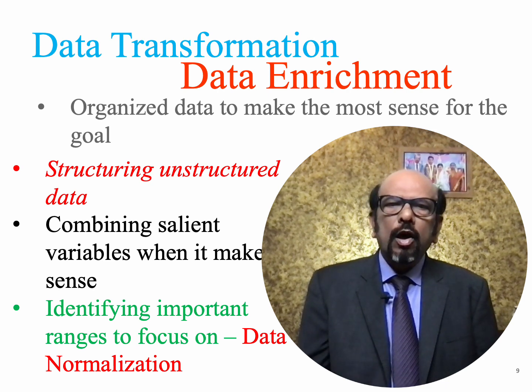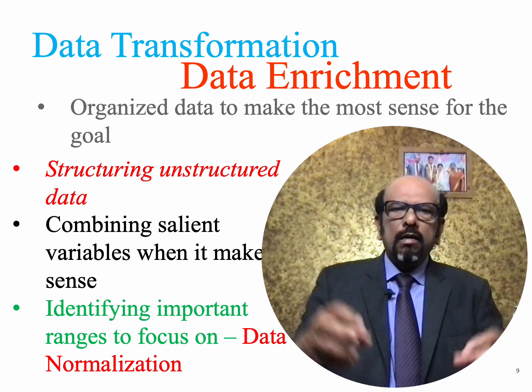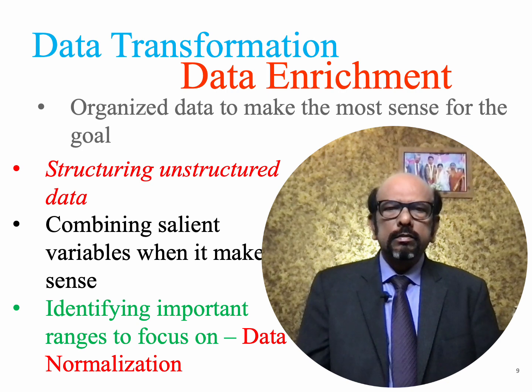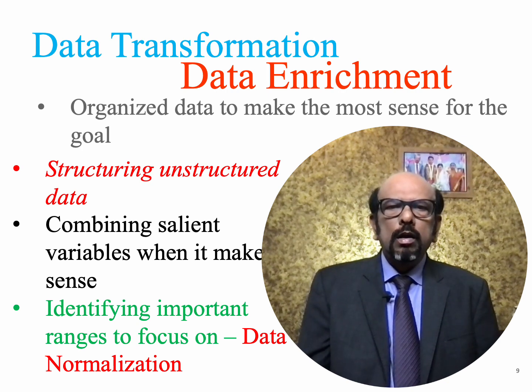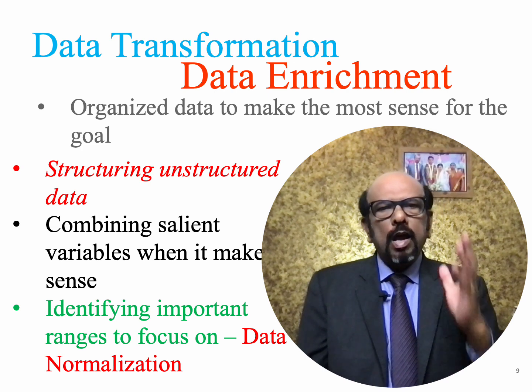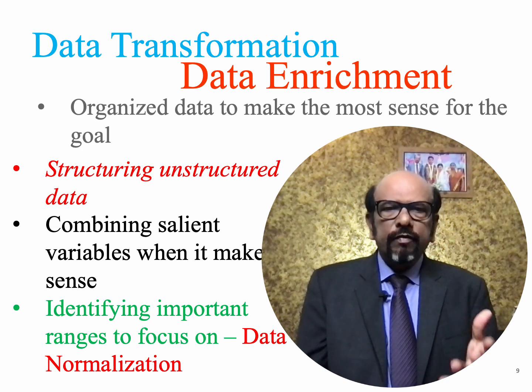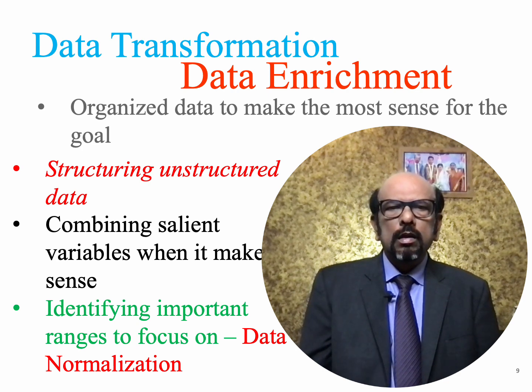What is data normalization? Normally, when you are collecting data for particular entities, for example, in medical data, you may collect the height of the person, weight of the person, body mass index.